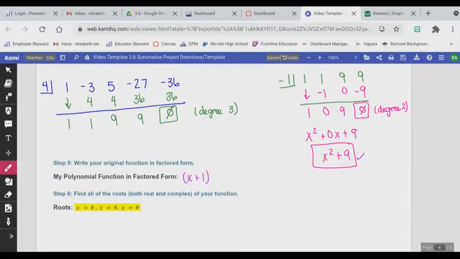And that again had a multiplicity of 1, so it's just going to stay, times x minus 4, which had a double root or a multiplicity of 2, so that's going to have an exponent of 2. And then this final factor that I found after I broke it down using those ones that I knew, x squared plus 9. Okay, so this is factored form. If I multiplied this all back out, I would get the original polynomial that I started with at the top.